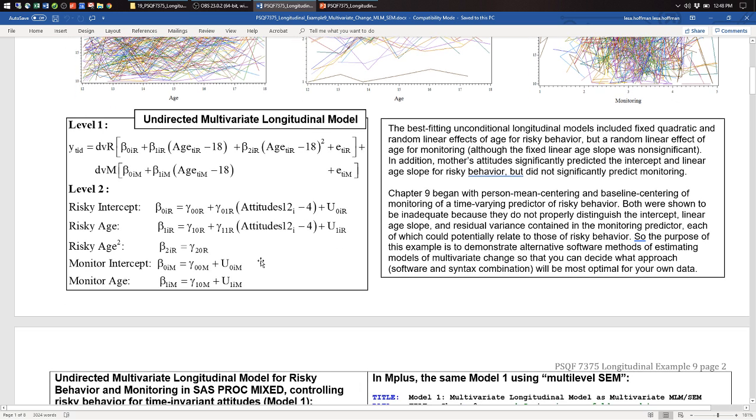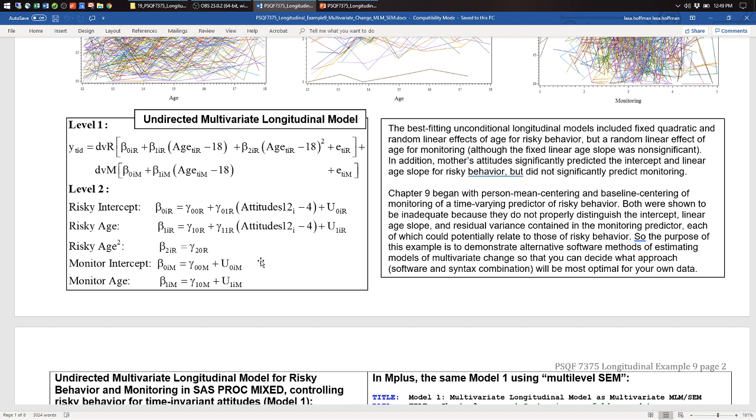So if we look at level 2, there are 1, 2, 3, 4 random effects here. The quadratic effect of age for risky behavior does not have a random component. So that's not going to be part of the story because everybody gets the same quadratic. Also note the centering of time.